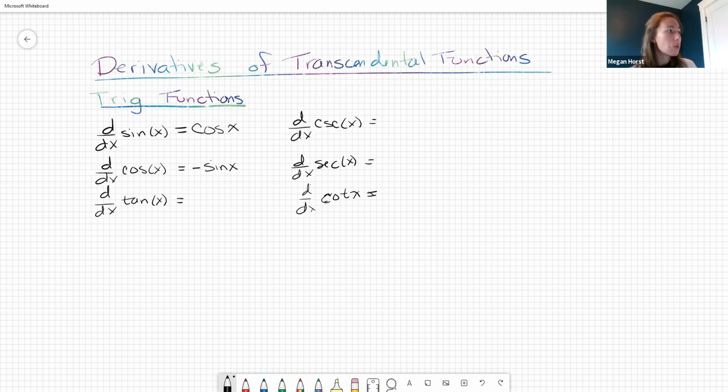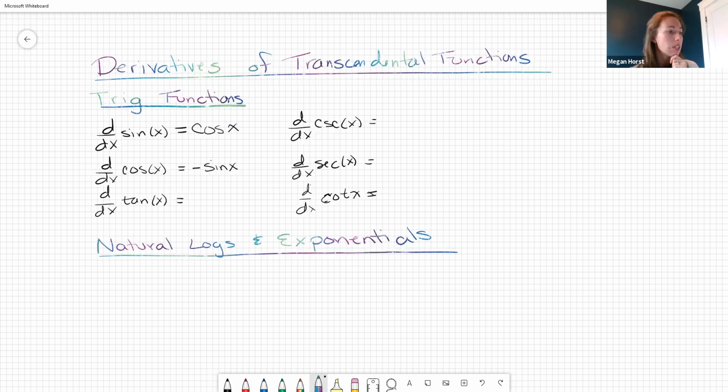And now below that, I want you to put a heading that says natural log and exponentials. And again, we're going to set everything up on this page, but we're only going to fill in one today.